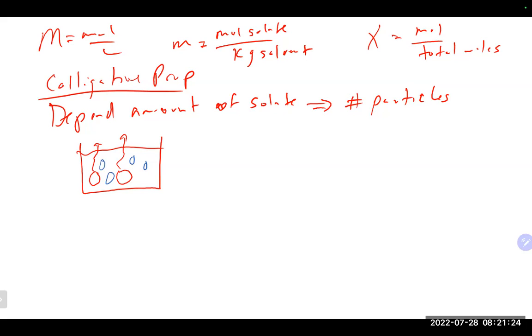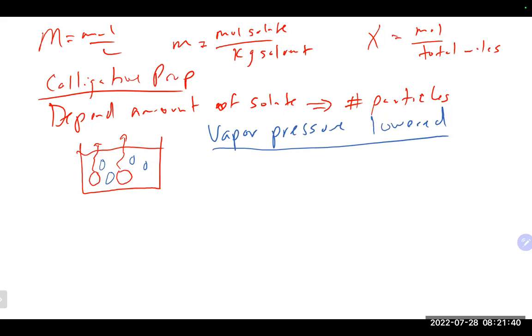And it has an effect on several aspects of a solution, including vapor pressure, which was one of them that we talked about. And what happens with vapor pressure is it is actually lowered. So we have vapor pressure lowering as a result of this interaction.